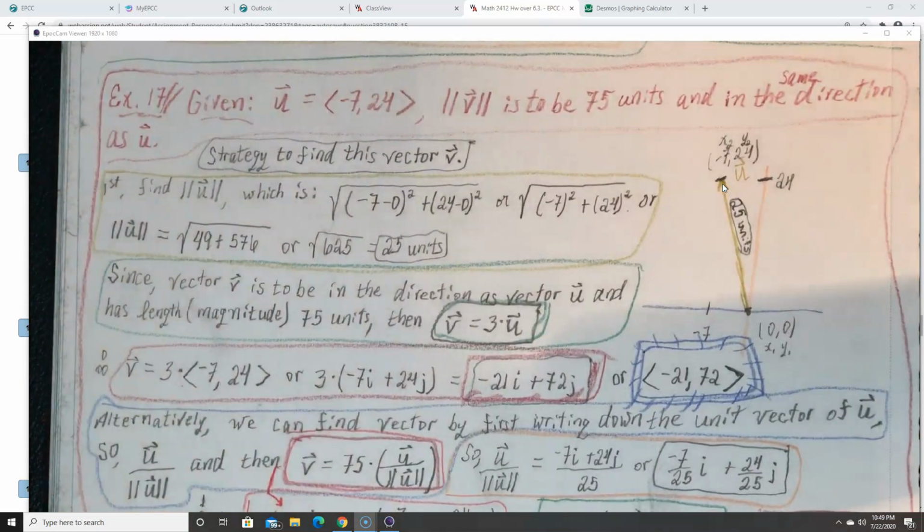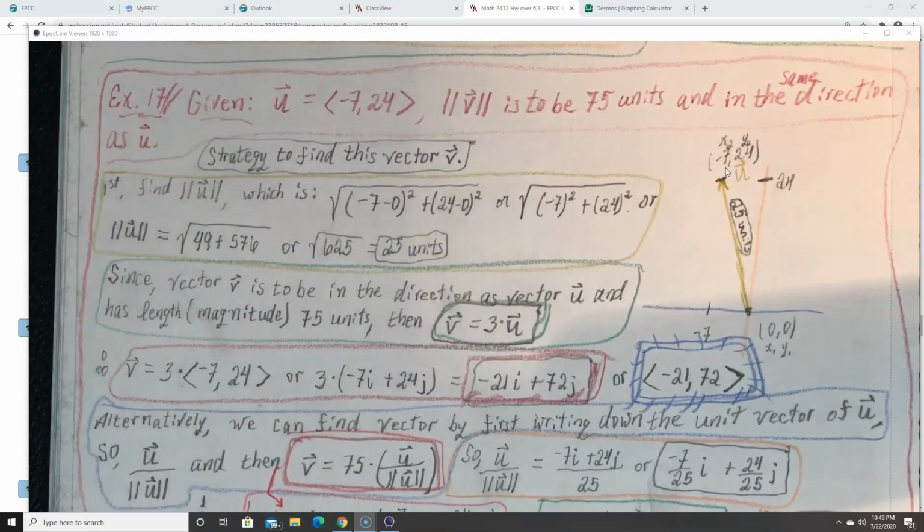And what do they want us to do? To come up with another vector that's in the same direction as this one, but not that's 25. Thought they were going to trick us. If they would have said 25, then they would have tricked us and we would have written the same vector down. Negative 7, 24.